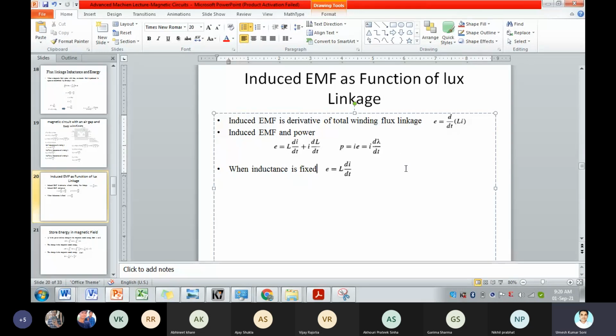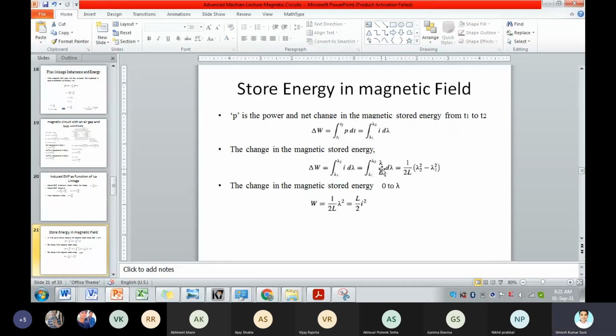And the power output due to this induced EMF is given by I into E, that is I into d lambda by dt. So this will equal Li di upon dt, and if you integrate, you can get the flux linkage. Here the total magnetic energy stored is the power integrated, and the net magnetic energy is stored from T1 to T2.